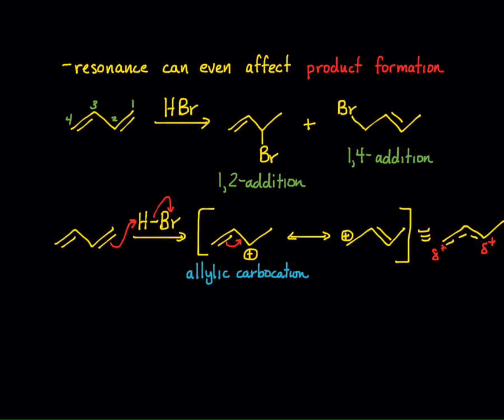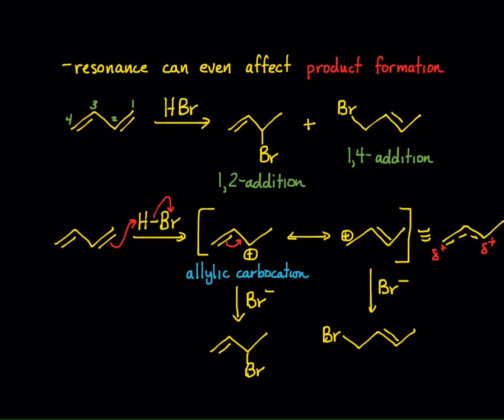And so we can simply look at the two resonance structures of that allylic carbocation. And in the first one, if bromide adds, we're going to get what we call that 1,2 addition. And then in the second one, if bromide adds to that carbocation, we get 1,4 addition. The other thing that I want you to notice is that in that second resonance structure, it looks like we have a primary carbocation.